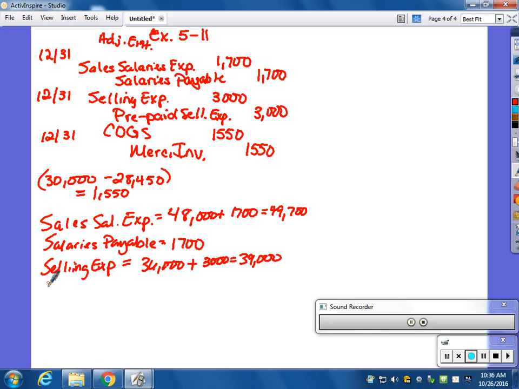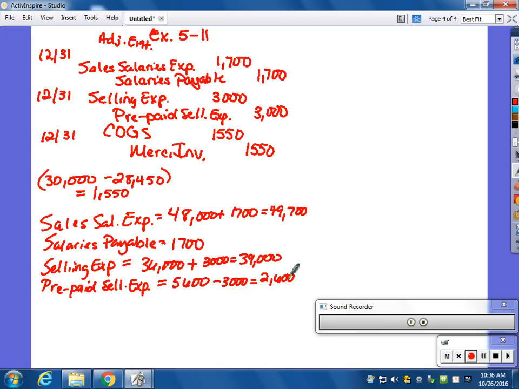Prepaid selling expenses. What was the balance it started off with? 5,600. 5,600, and we decreased it by what? 3,000. So now the new balance is 2,600.